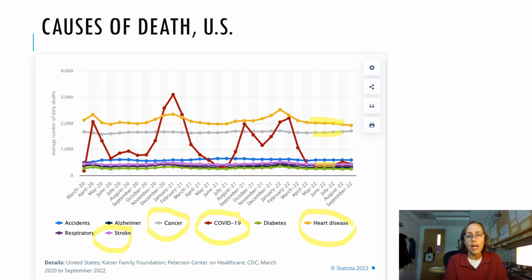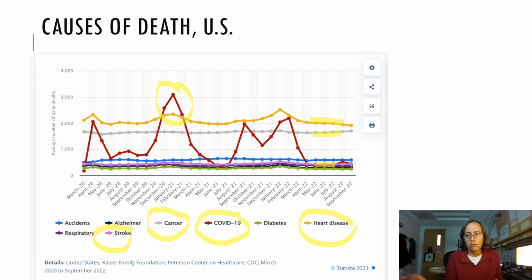So at several times during the pandemic, there were so many deaths due to COVID-19 that it was actually the number 1 cause of death in the United States at that time, which is exceptionally unusual for us as a country who has made that epidemiological transition from having a high burden of infectious diseases to more non-communicable diseases, to have a large number of our population dying from a communicable or infectious disease is very unusual.